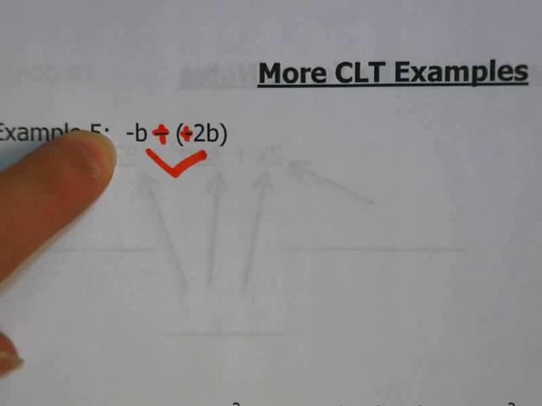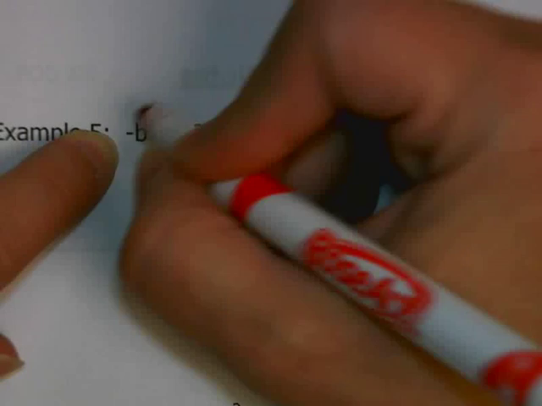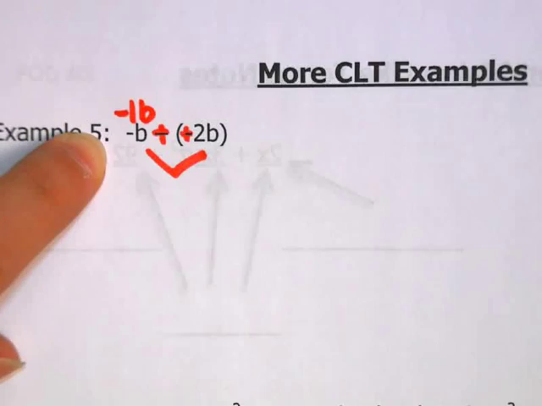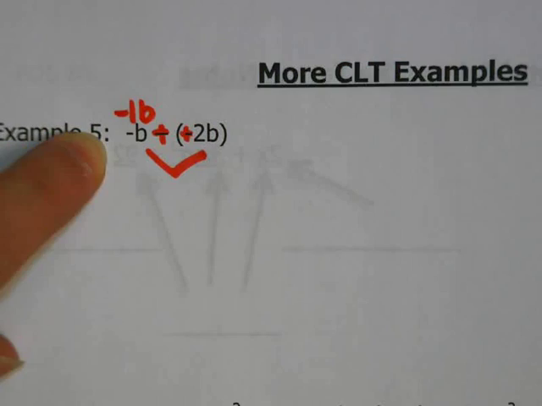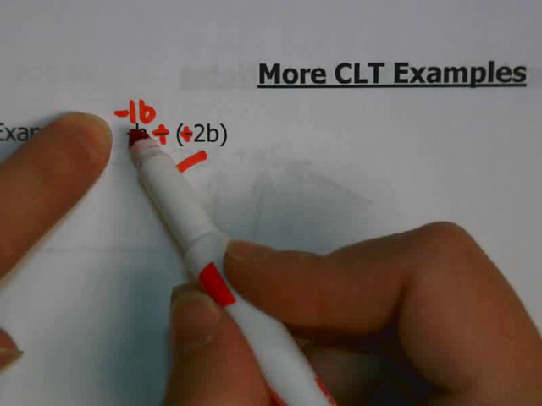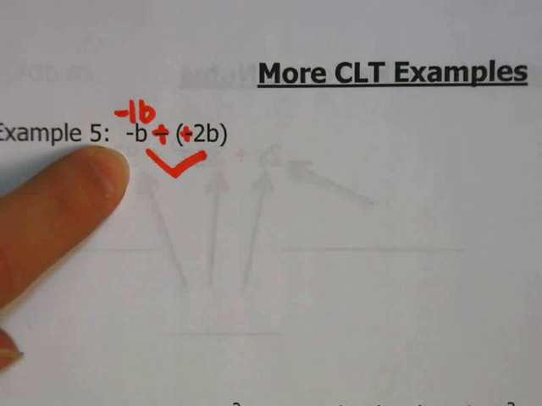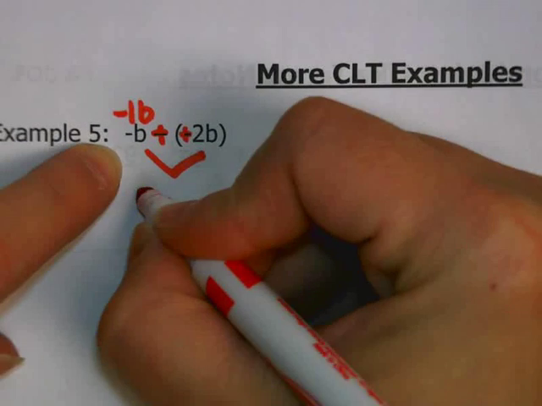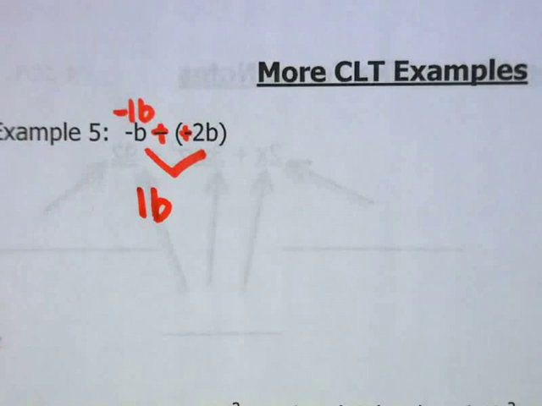It's just negative b. Well, how many does that really mean there are? That's just like negative 1b. If there's a negative there, there's still just one of them, but it's negative 1. So can you guys do negative 1 plus positive 2? What's negative 1 plus 2? Positive 1. So you get 1b.